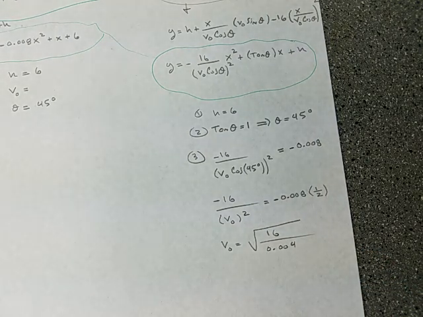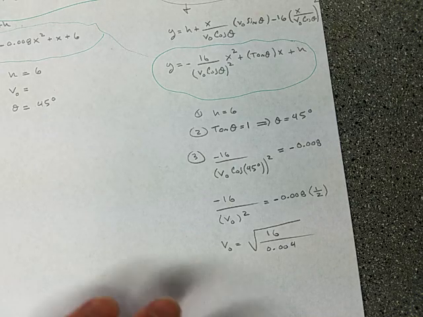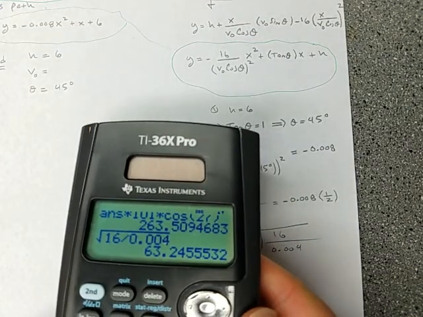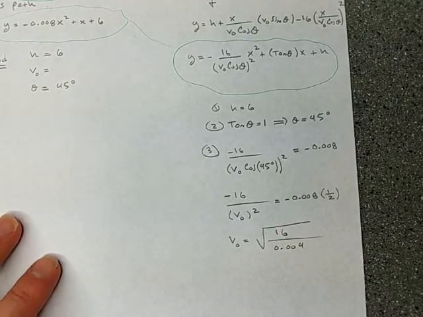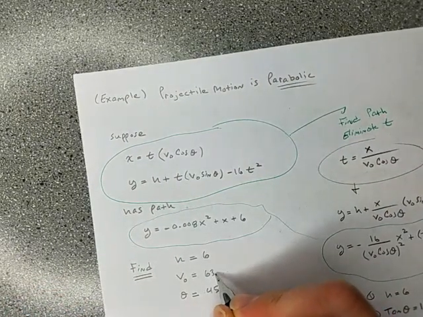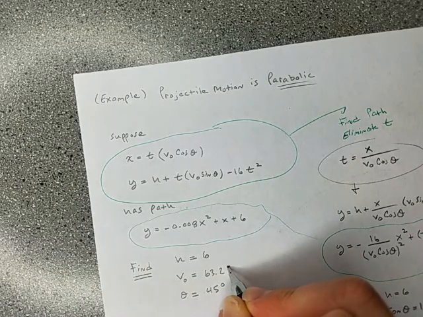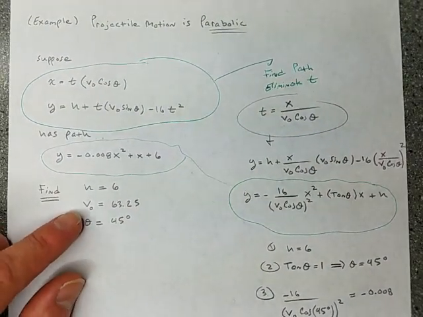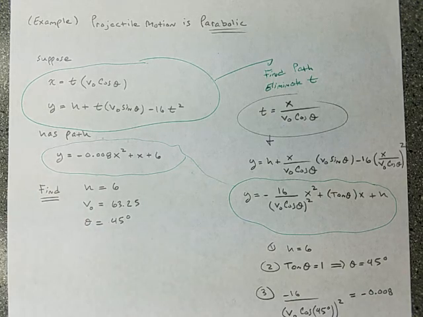So root 16 divided by 0.004. All right, that's what I got. So that turns out to be 63.2 or so. What was the number I get? 63.245 or so on. So let's say v naught about 63.25. You know, you'll just have to follow the instructions for rounding that are given to you, but that's what I get. Okay. All right.